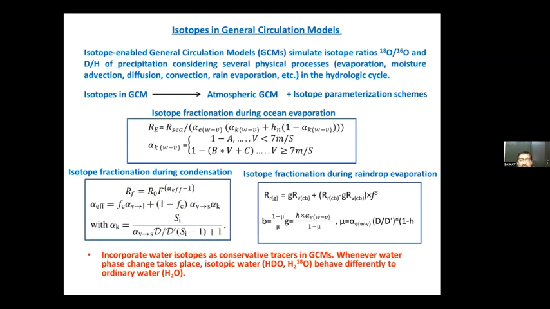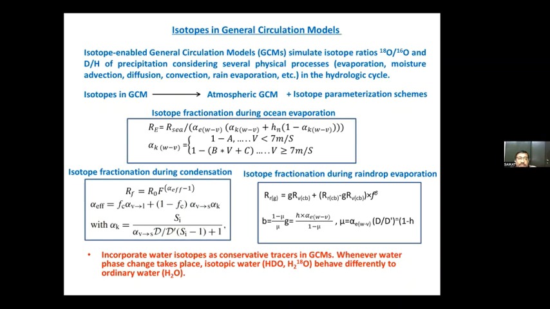Let us spend one or two slides on what isotope-enabled general circulation models are. They simulate all the isotope ratios we have been discussing, considering all the physical processes like evaporation, moisture advection, diffusion, and convection. After considering all these processes, they simulate the water isotopes.